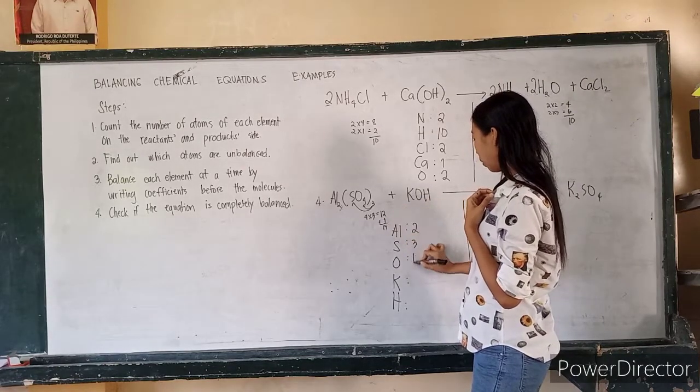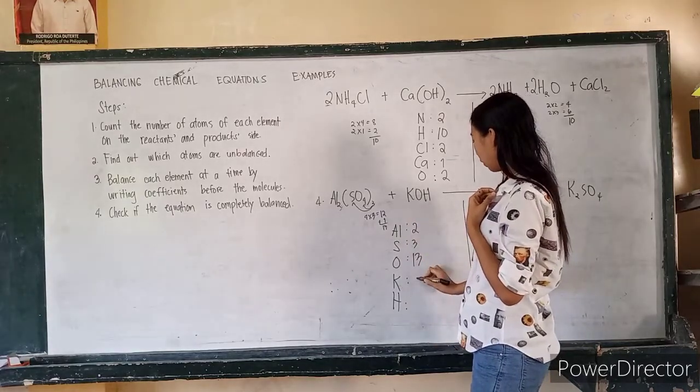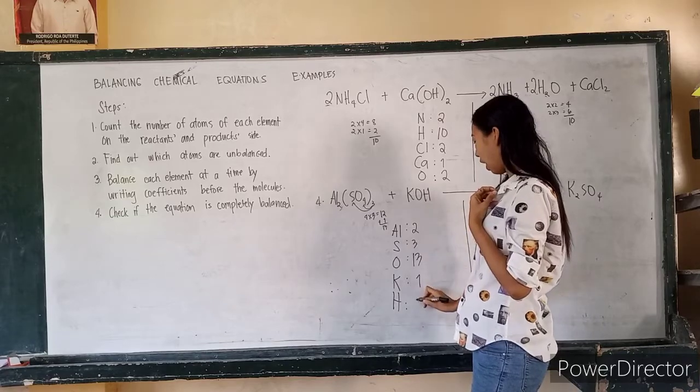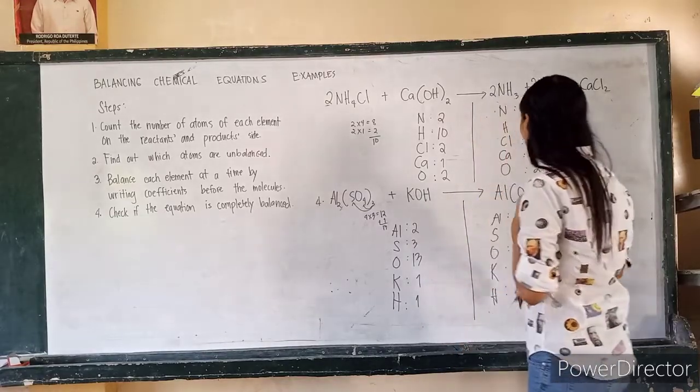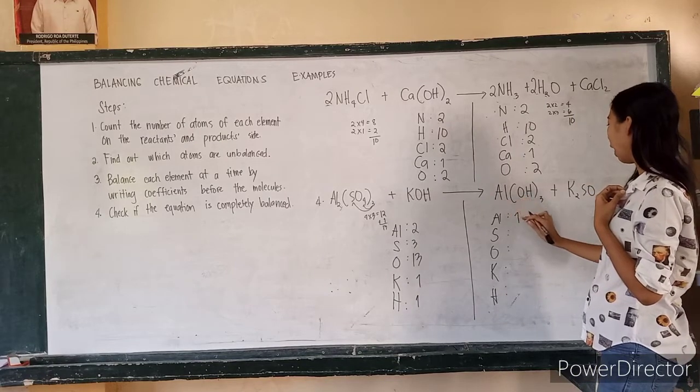Total is 13 O. Then, you have one potassium and one hydrogen. On the other side, there is one Al.